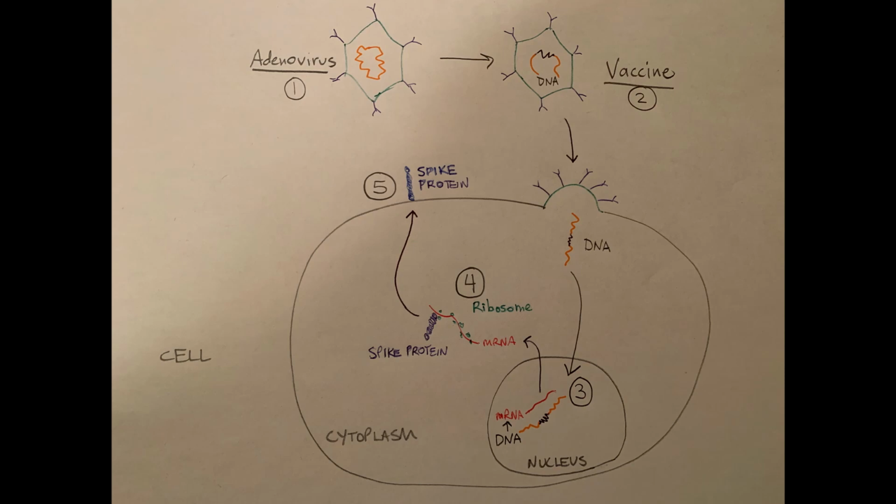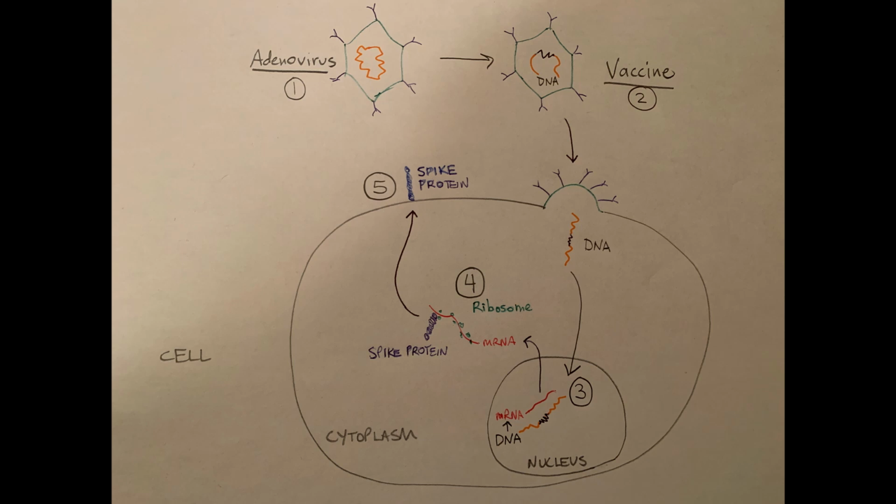On this slide, one can see how the viral vector vaccines work. The Johnson & Johnson vaccine as well as the AstraZeneca vaccine both work this way. Both of the vaccines have viral DNA inside an adenovirus vector.